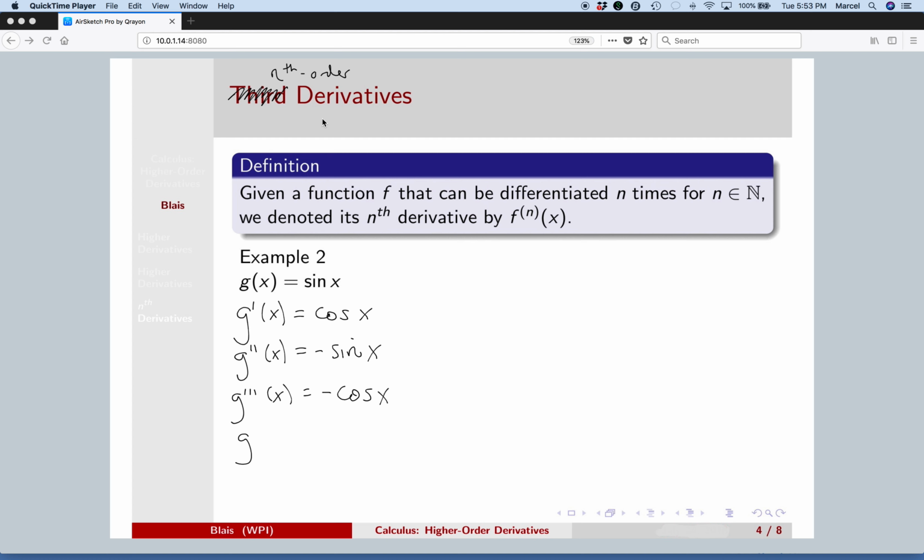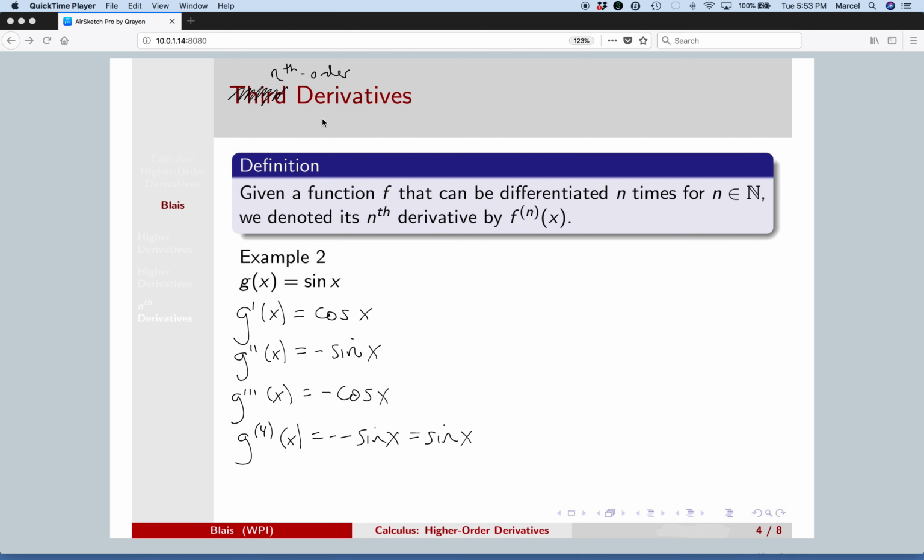Let's take the derivative of that. So the fourth derivative, well, the derivative of cosine of x is negative sine of x. And we have a negative sign out front still, so minus minus sine of x, or sine of x. So that gives us the first four derivatives of sine of x.